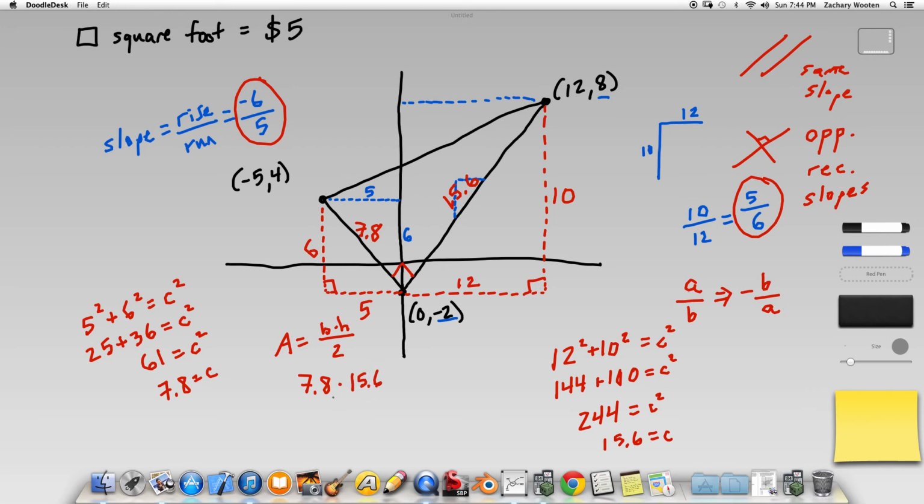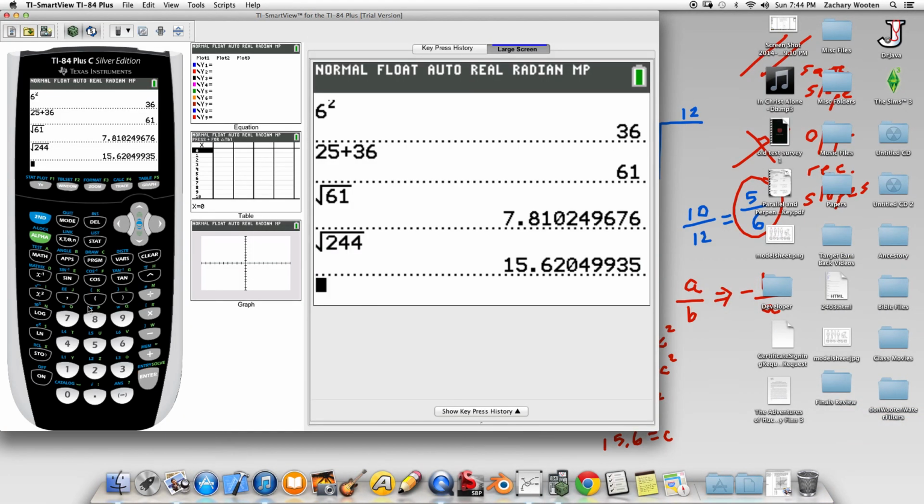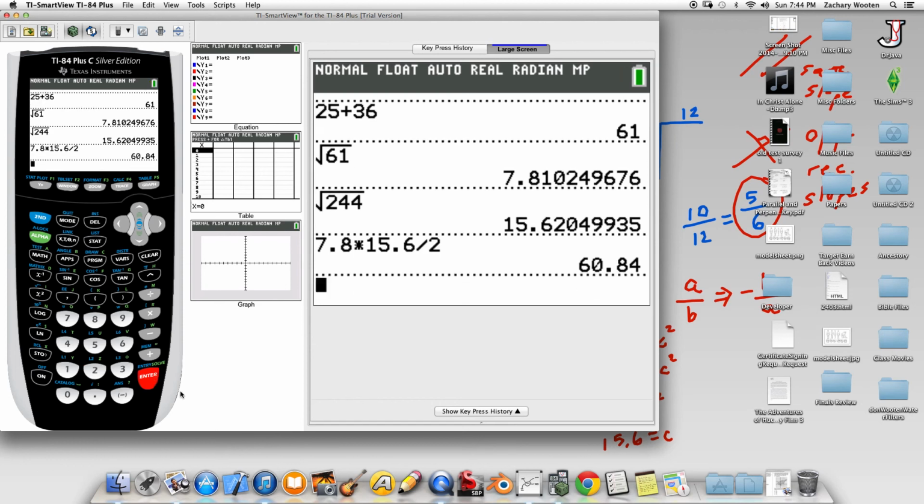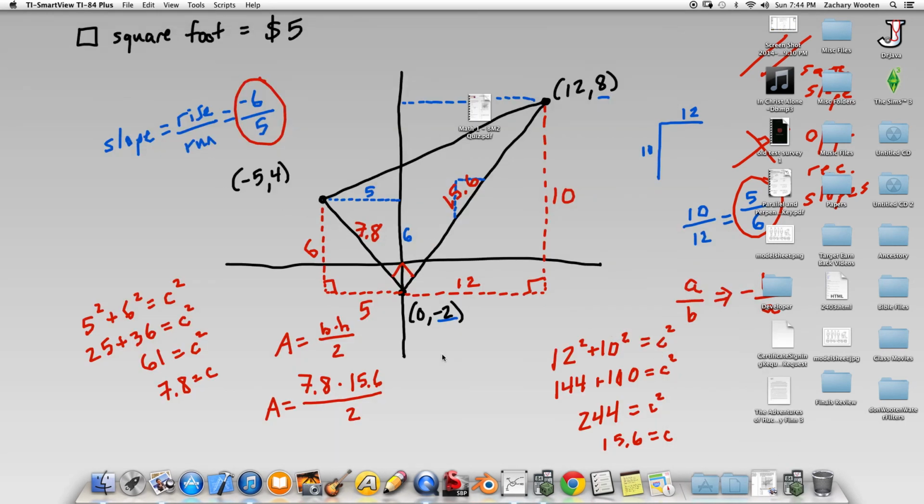I'm going to multiply those and then divide that answer by 2, and that is going to be my area. So let's type this in on our calculator. 7.8 times 15.6 divided by 2. And that gives me an area of 60.84.